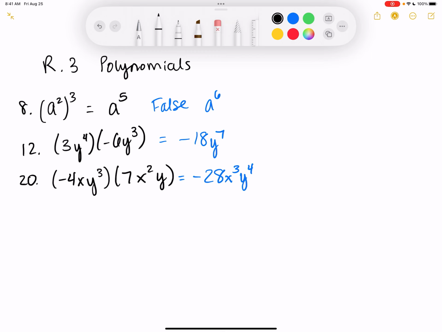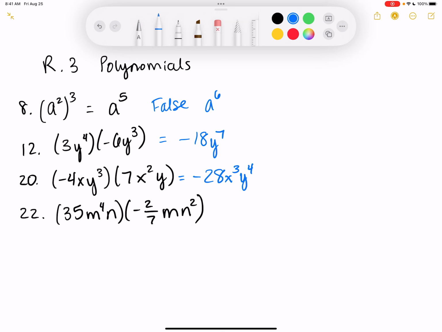Let's see, 22. We've got 35 m to the 4th times n, all times negative 2 over 7 m n squared. So if you have one like this, there's a couple things you can do.